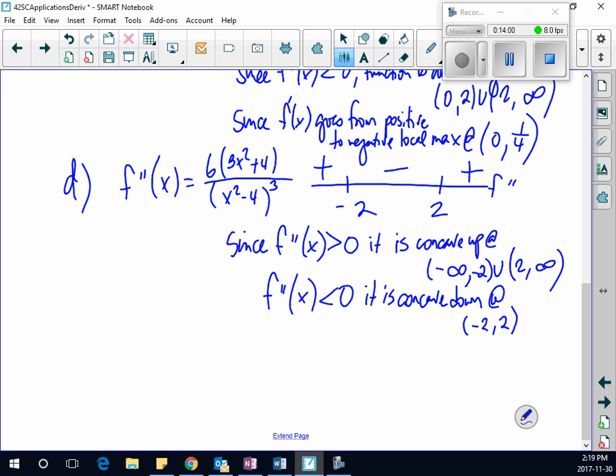Possibly it would be at negative 2 and 2, but we've already established that those are asymptotes. So can you have points at asymptotes? No. So there are no inflection points. Does everybody see where it changes signs? We had the possibility of an inflection point. However, these are vertical asymptotes we've already established, so there's no inflection points.